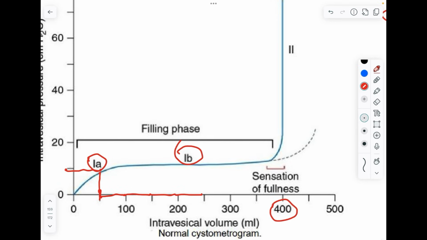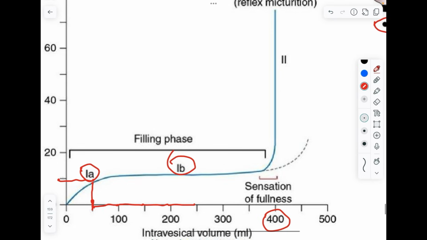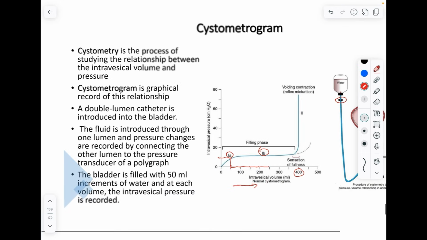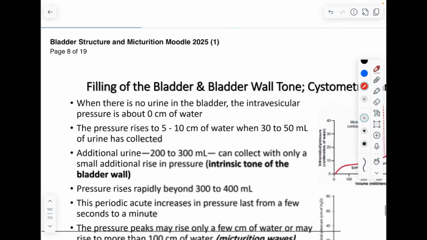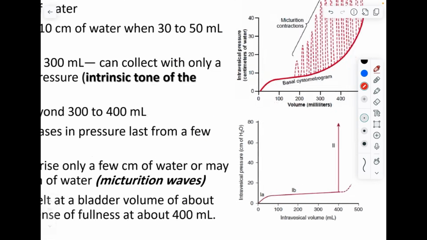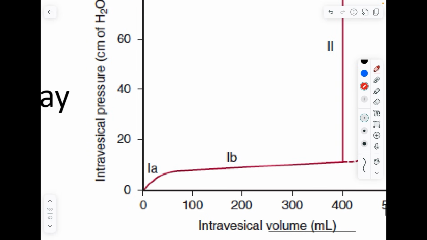And then at around 400 milliliters, you feel the fullness and the bladder starts constricting involuntarily. But because you have the external urethral sphincter that you voluntarily control, you do not actually start urinating. Now, what should you know here? It's very, very important to note this, and it's a question that Dr. Abdelrahman always asks.